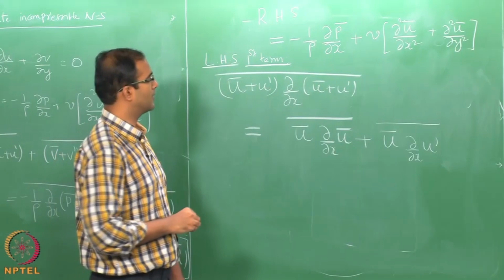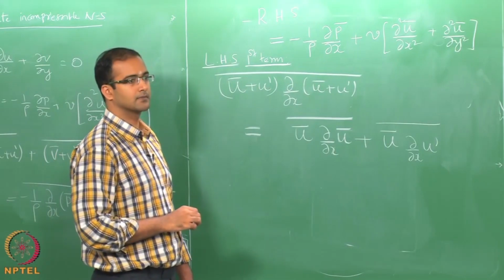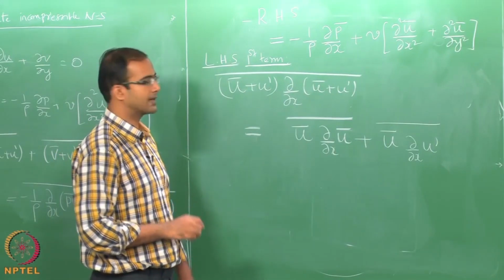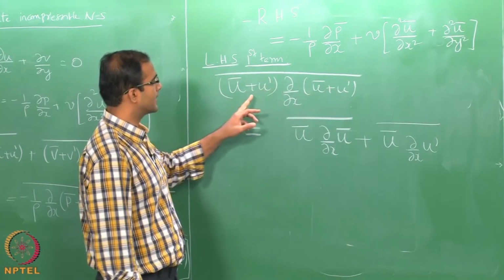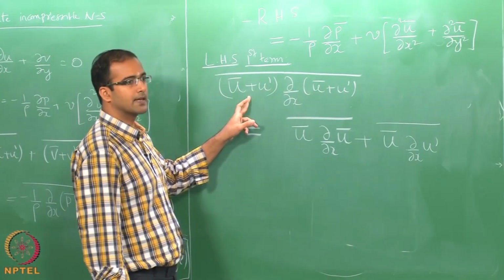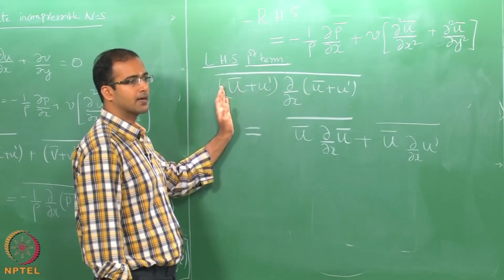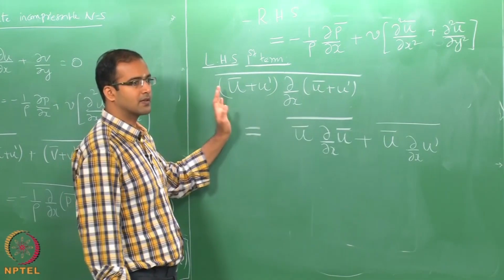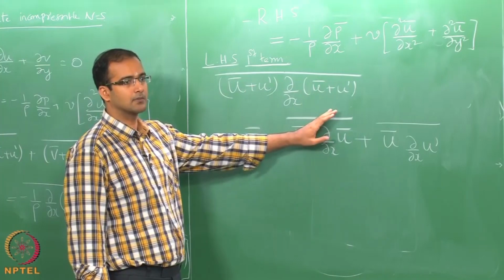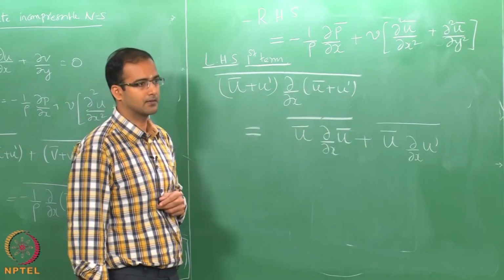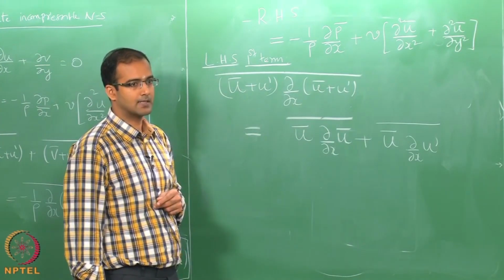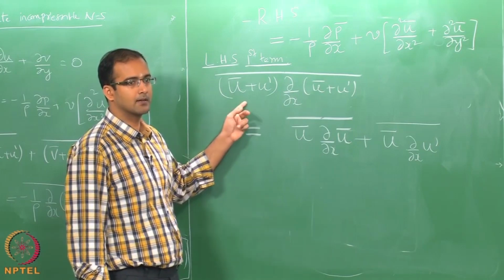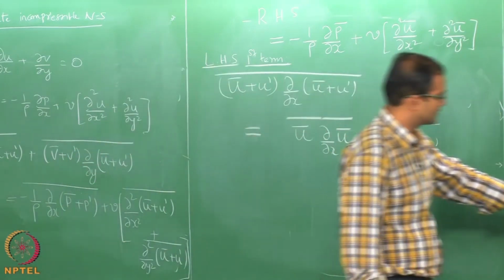Okay, please remember how I am writing it. I have to be very careful, because we cannot now split the averaging operator separately over this term and this term. We have to first multiply these two terms and then apply the averaging operator. You understand it? It is not simply something like this.